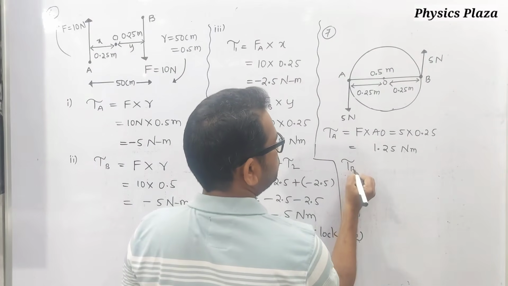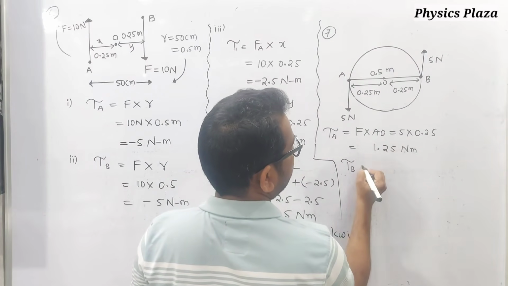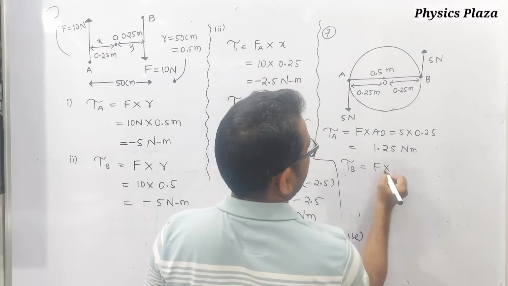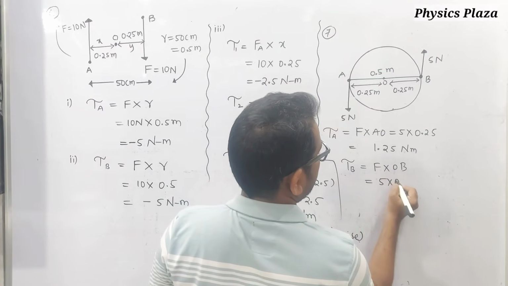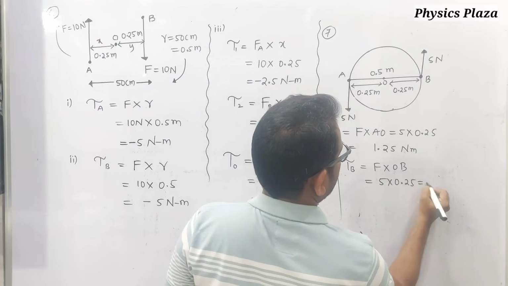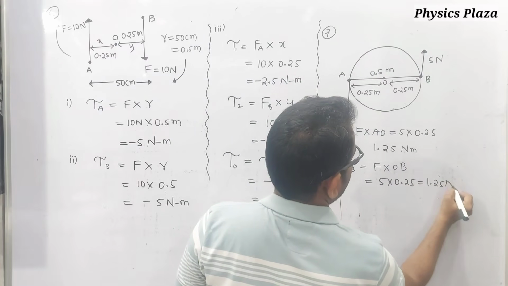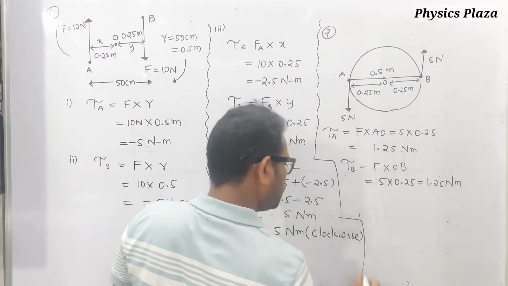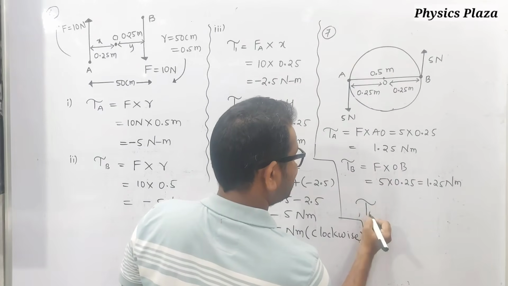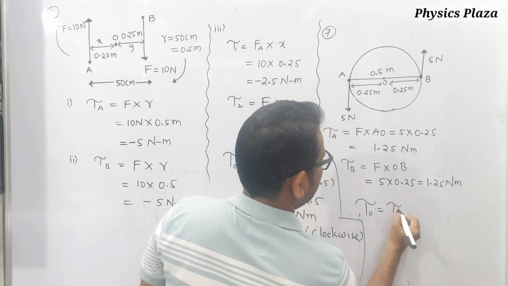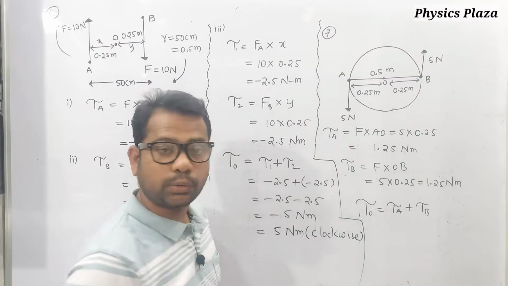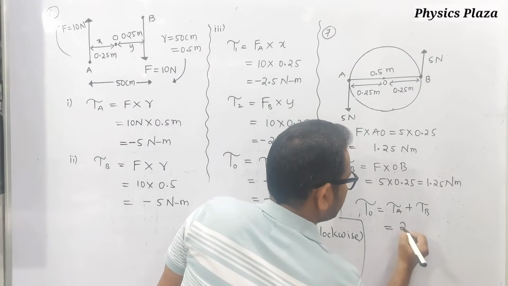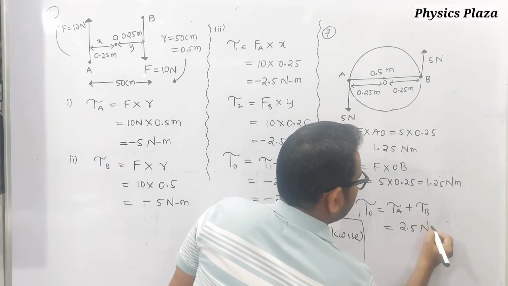Now moment of force due to 5 Newton at a point B is going to be F into OB. So this is also, children, 5 into 0.25. This is going to be 1.25 Newton meter. Now we need a total moment, children. Total resultant moment is tau A plus tau B. So if you add 1.25 plus 1.25, you are going to get 2.5 Newton meter.